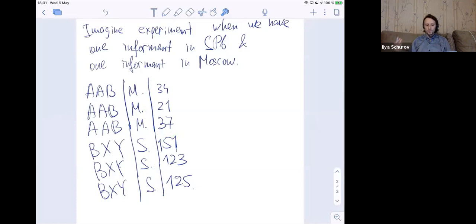Statistically the results are okay, but I cannot interpret them as a difference between two cities. I can interpret them as a difference between this particular person from Moscow and this particular person from St. Petersburg. Do you see the effect here?